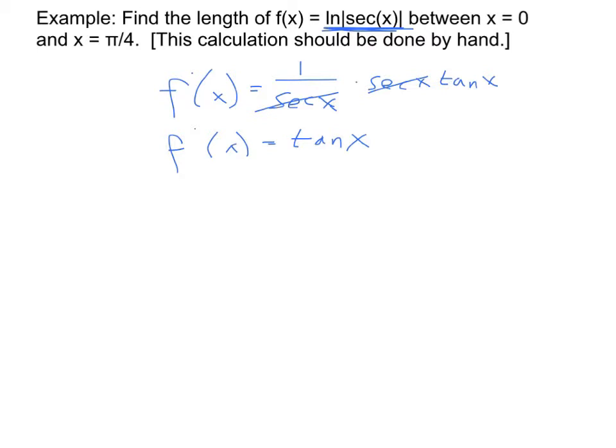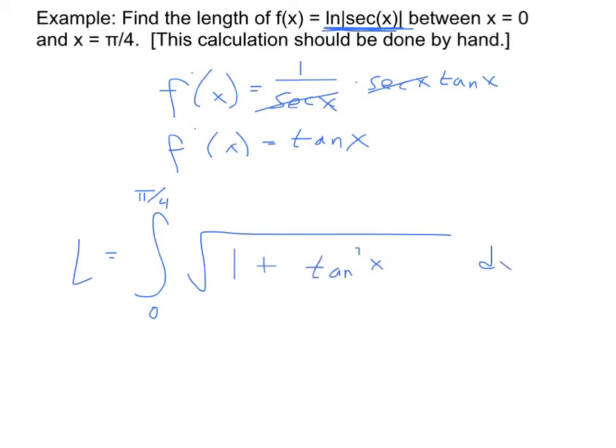Now that we have that, we can set this up to find our integral. For our arc length, we're going to do the integral from 0 to pi over 4 of the square root of 1 plus tangent squared x dx.